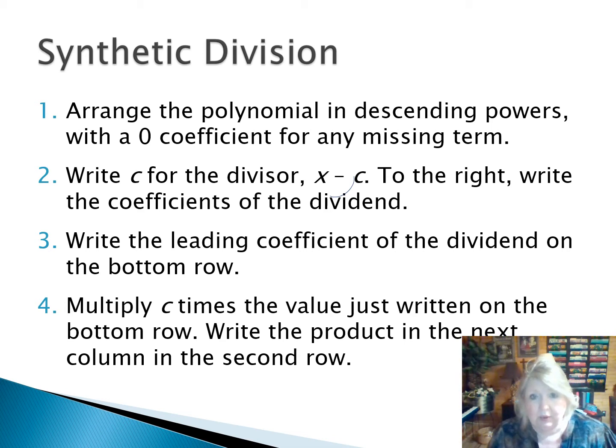Then to the right, we're going to write out just the coefficients of the dividend. Then we're going to write the leading coefficient of the dividend on the bottom row. It's 3 rows here. And we're going to do c, which is going to be in something I'm going to call a box. We're going to do box times the bottom, what we just wrote, and then we're going to write it on the second row.